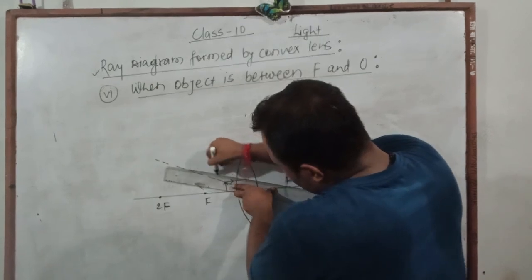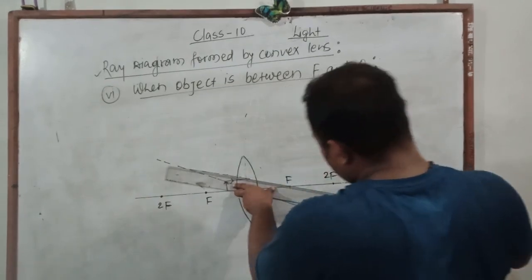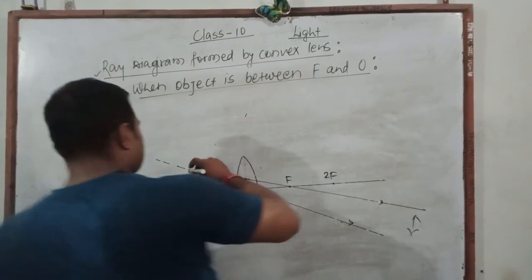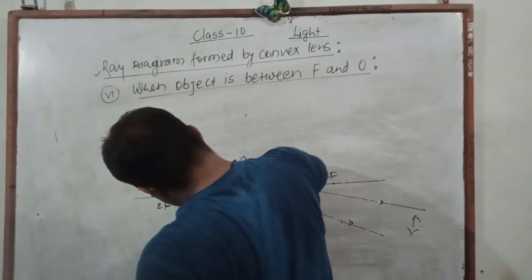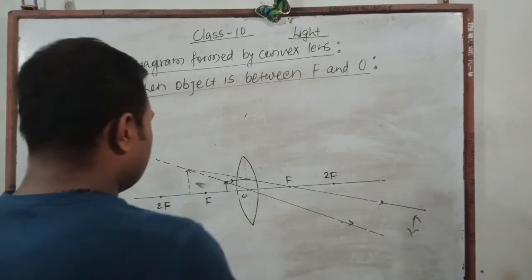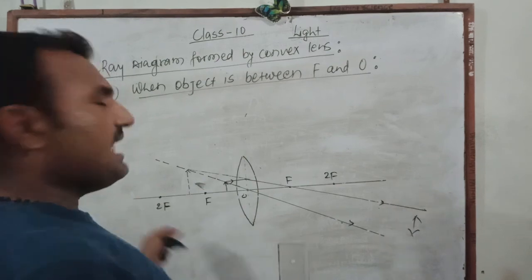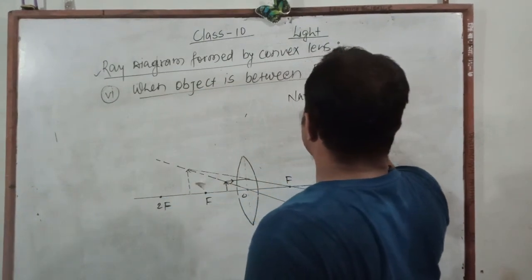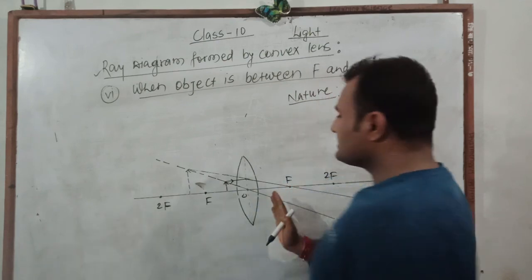And we found that it meets here. That position is a virtual position. Why? Because the object and image are both on the same side. And how do we describe the nature of that image, in which direction the image is formed?